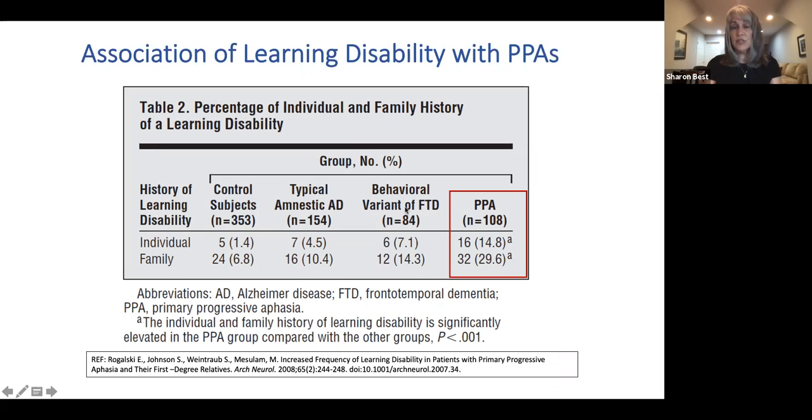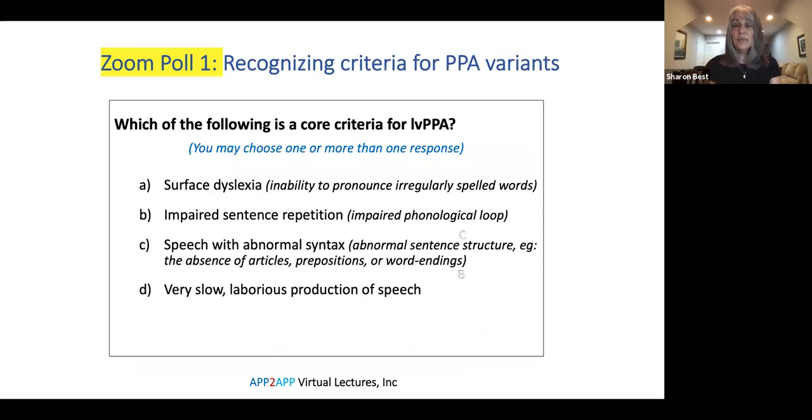Comparing that to behavioral variant FTD, typical amnestic AD, and control subjects, you can see that there was much less incidence of learning disabilities in their pasts. So you may want to ask your patient, if you think they have a PPA, if they had a learning disability in their past, or if their first-degree relative did.